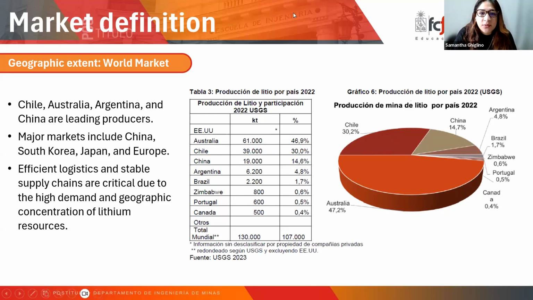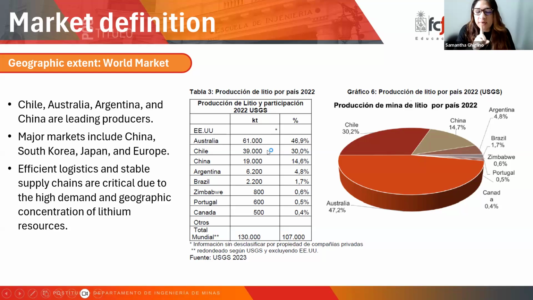In this table, we can see what the production of lithium per country was in 2022. This is the most recent data that we could gather. Australia is significantly the number one, followed by Chile.